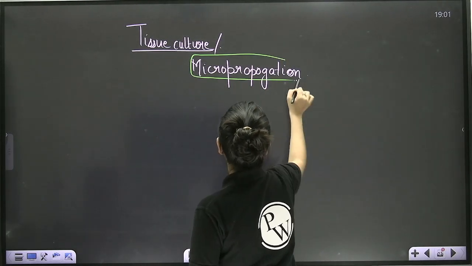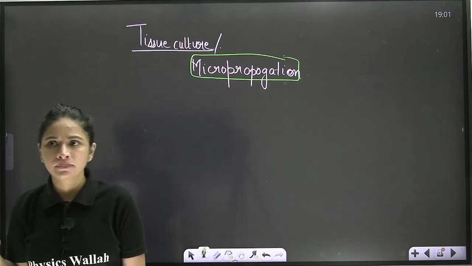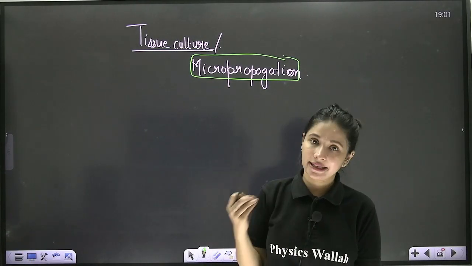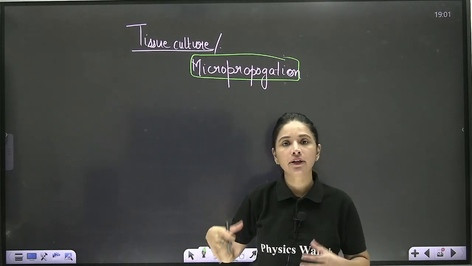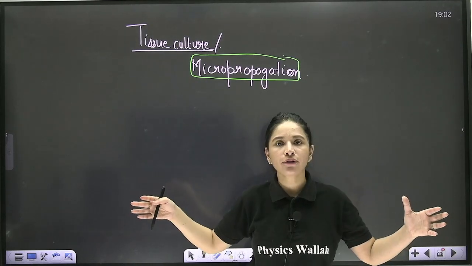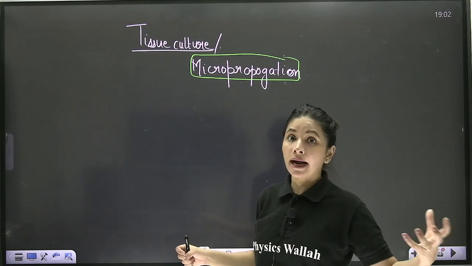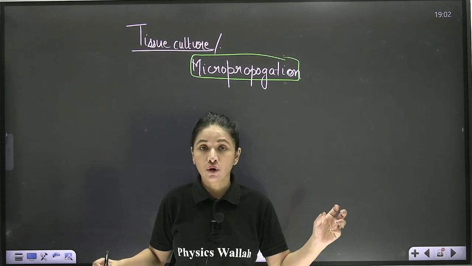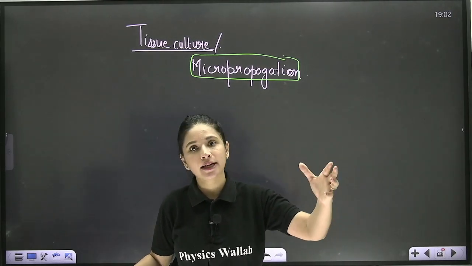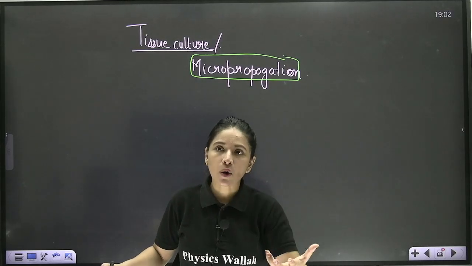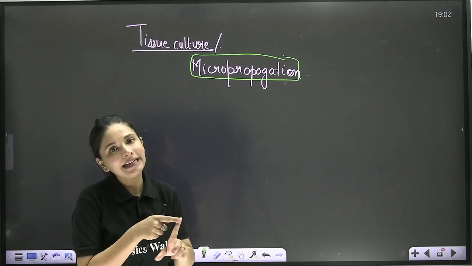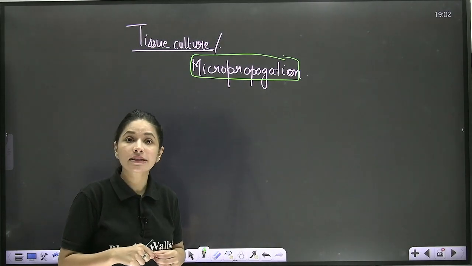Yes, it's basically a method of asexual reproduction where any part of the plant body is chosen as an explant and then it is grown in a nutrient rich medium from which we can develop n number of plants, right? So if any plant you find is good quality and you don't want to waste that plant, before its death you are artificially or asexually propagating it. So that is called tissue culture and all the plantlets will be genetically similar. So they are also called clones.